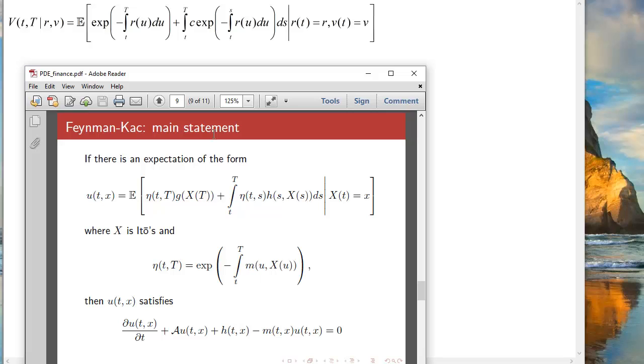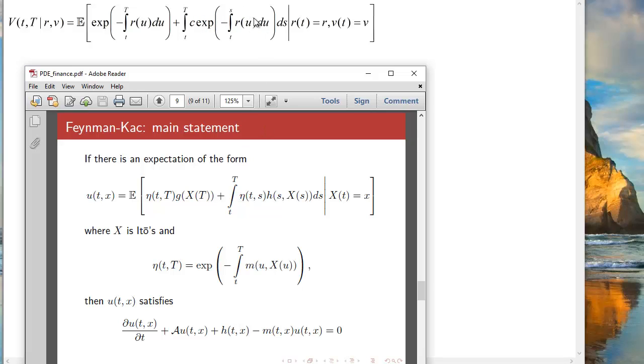M corresponds to R, and now we have the second integral exactly in the form that we need, because we have this eta here, and that's basically this exponential something.